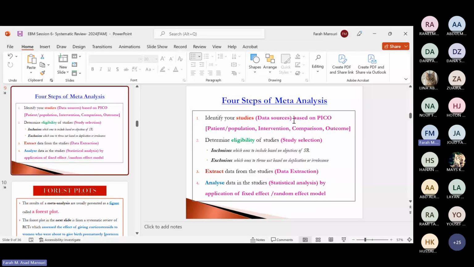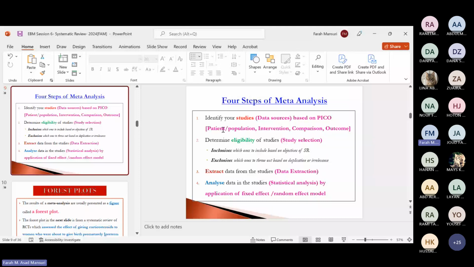So we should know, if we are identifying some studies, for which patient or population. As I mentioned, the example of hormonal replacement therapy for postmenopausal women. So what is the patient or population in that systematic review?